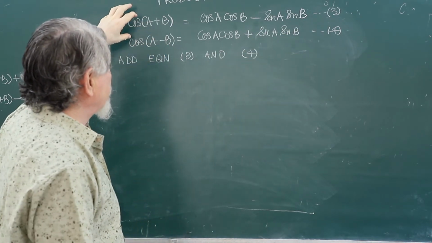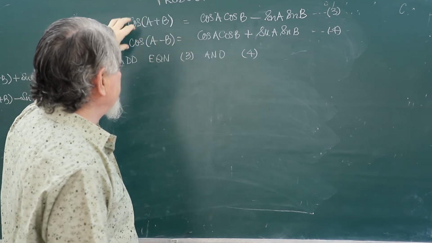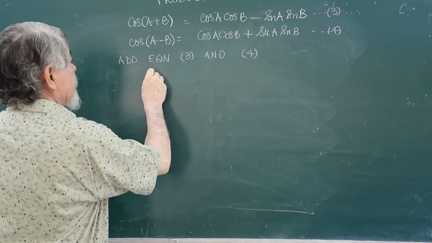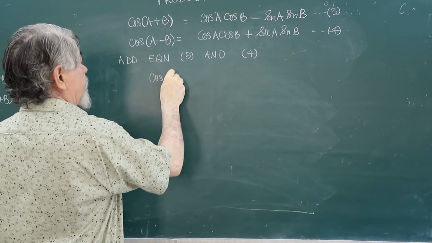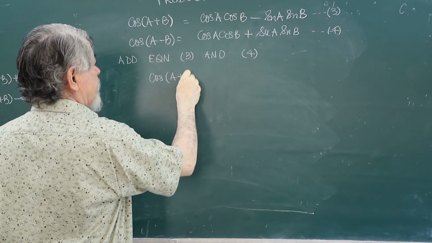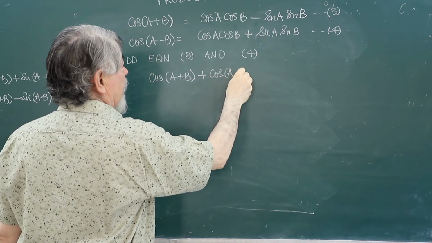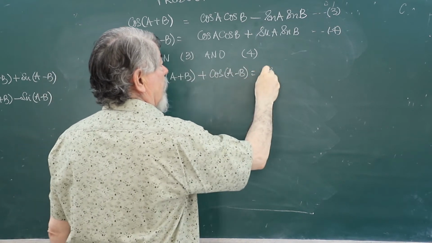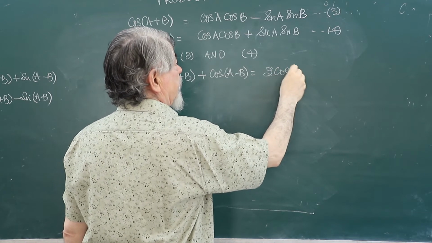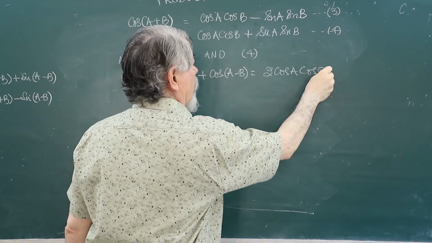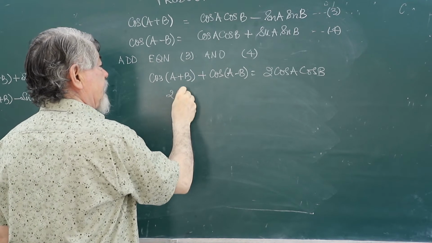And what will I get? I'll get cos A plus B plus cos A minus B, because I'm adding cos A plus B plus cos A minus B. I'll be able to obtain 2 cos A cos B.